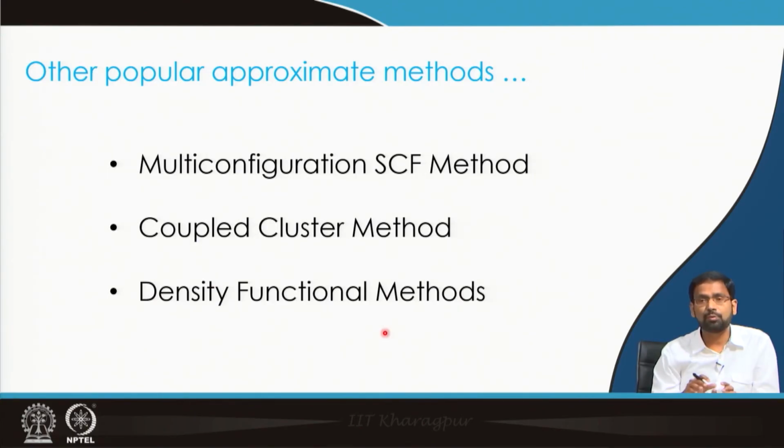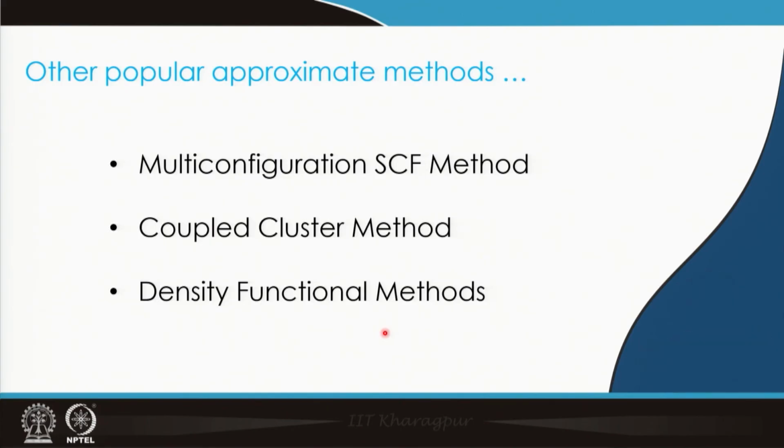So, in this lecture, while we discussed Hartree-Fock theory with great rigor, with all the details of the Hartree-Fock formulation, we also must realize that there are approximate quantum chemical methods that lie beyond Hartree-Fock theory.